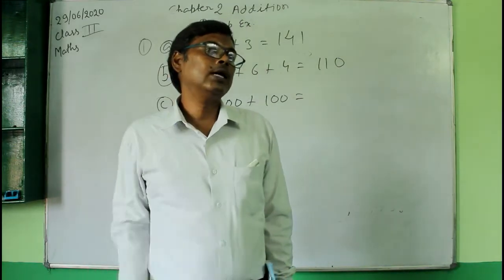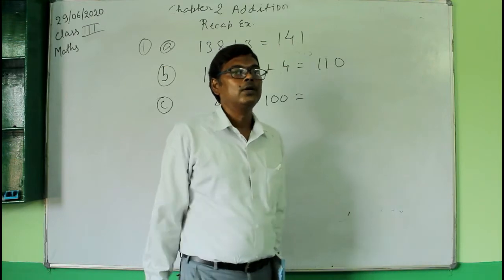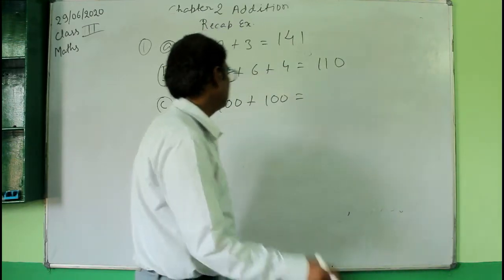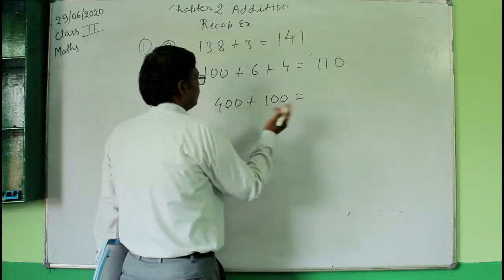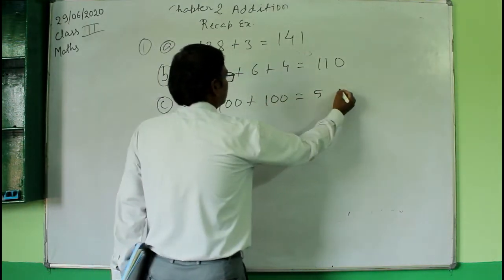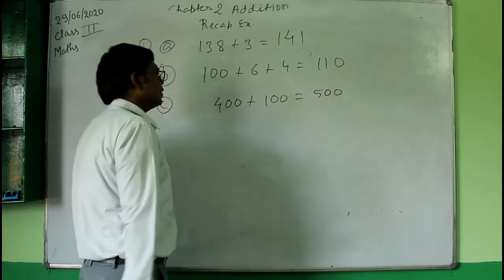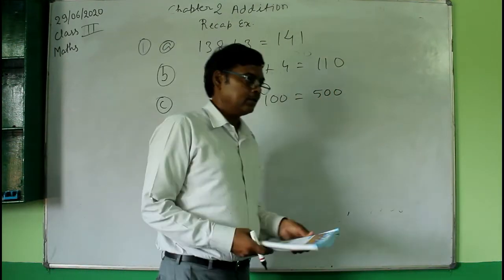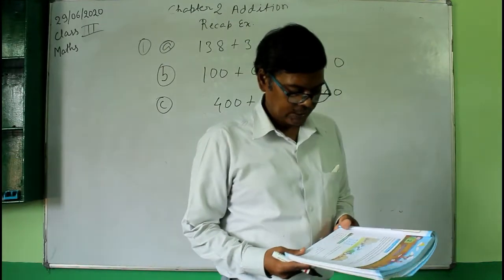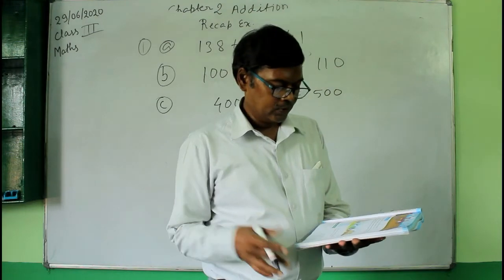Then how much money will you have in total? 400 plus 100, that is 500 rupees. Here you can add 4 plus 1 is 5, 0 plus 0 is 0, and 0 plus 0 is 0. So the answer is 500. This is mentally, without writing anything. We have to add in our mind only and then give the answer.